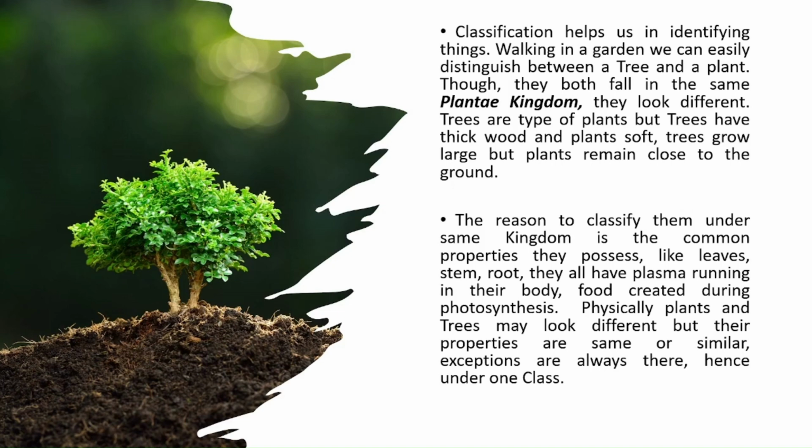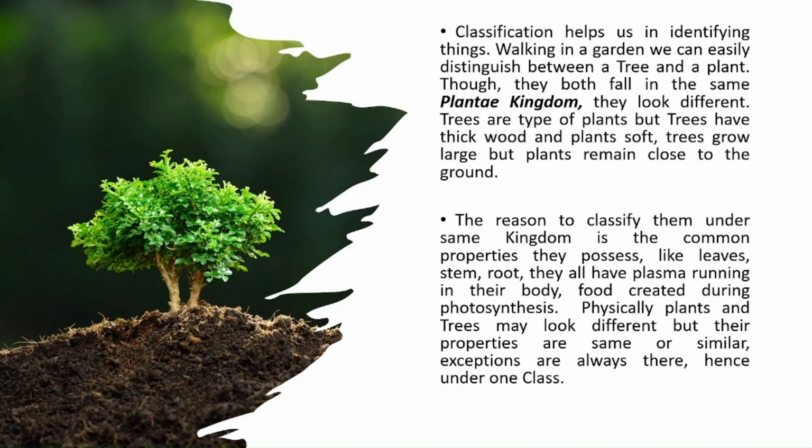So trees grow, they go big, they are large, but the plants would remain small and grounded on the ground. Now, the reason to classify them under the same kingdom basically is because of the properties and to easily identify them, and that is why we have the same classes.